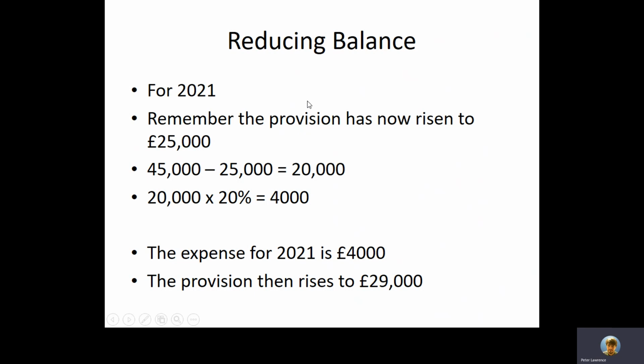But we need to work out this year's charge. Now, as the net book value is £20,000, 20% of that is 4,000. That's the amount on our calculator, £4,000. So that's going to be the expense for the year, and the provision will then rise at the end of 2021 to £29,000.